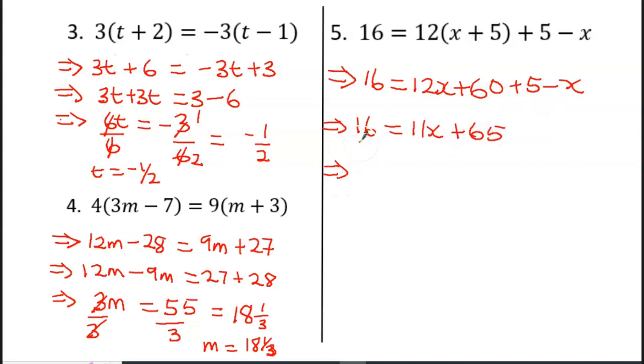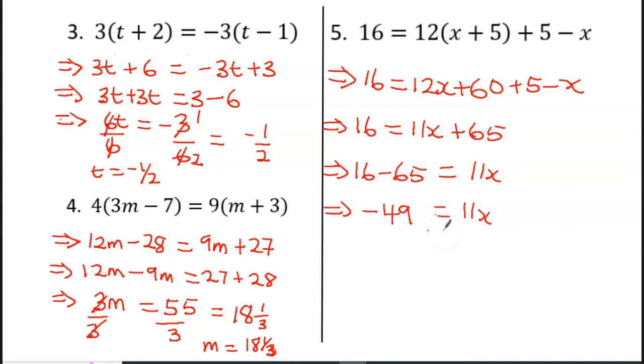So let's group the like terms, put all the numbers together. 16 and 65: this equal sign becomes minus 65, which is equal to 11x. 16 minus 65 is minus 49, which is equal to 11x.